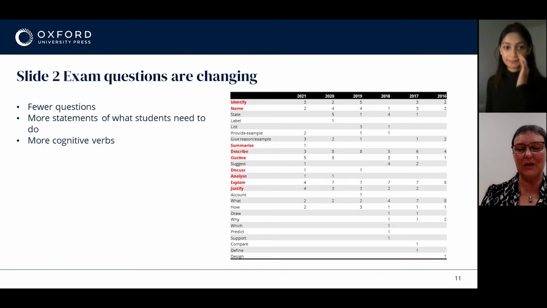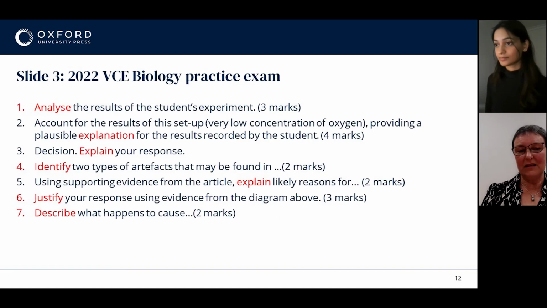And this is the time of year where students should be doing practice exams. I know we're all panicking trying to finish the content, but it's also worthwhile bringing these command terms to their attention. So I noticed that these terms are also in the practice exam, not a lot of them. They did have a lot of whats and whys, but remember the practice exam was the unrefined version of it.